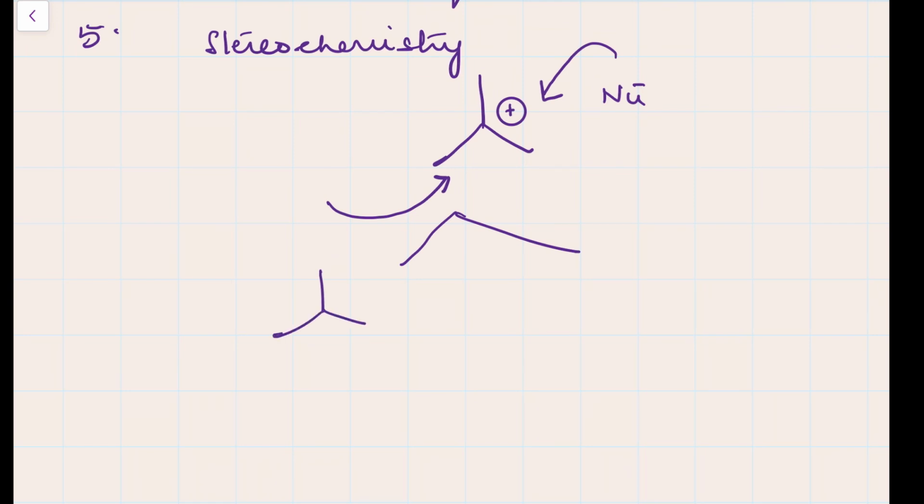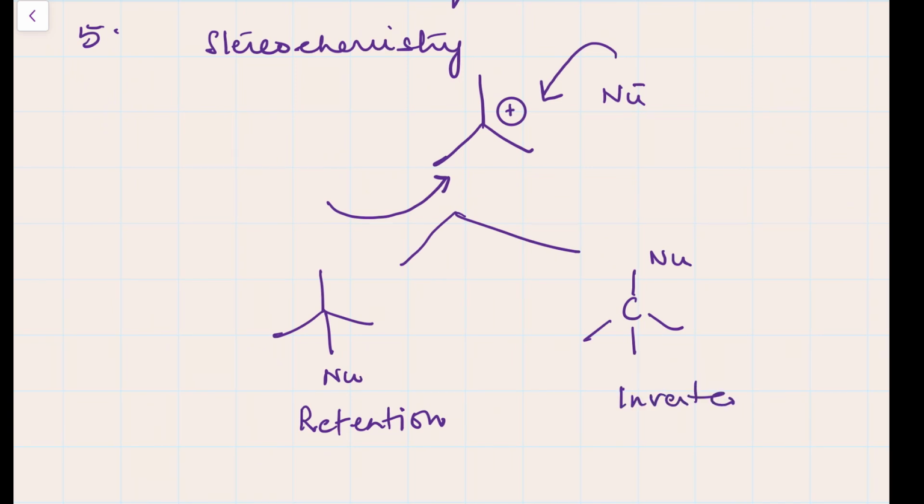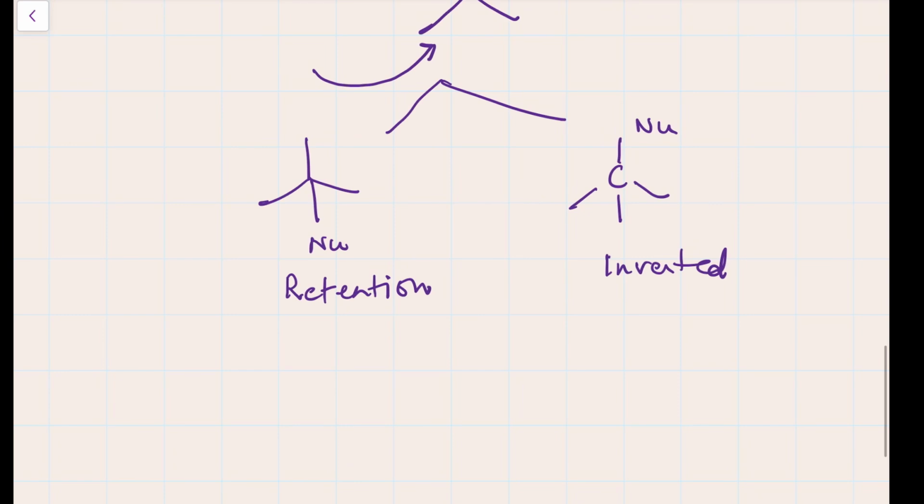One product will always have the same stereochemistry as the halide, and the other will be the reverse of that. So here it will be inverted. The sum of this is going to be racemization. Sn1 will always favor racemization.